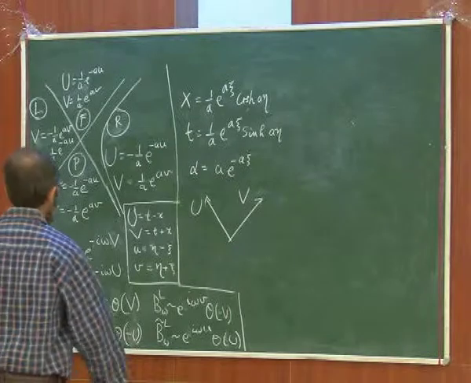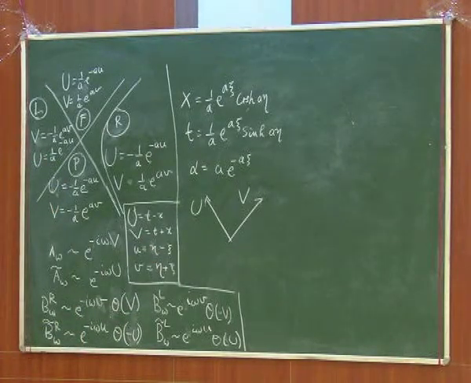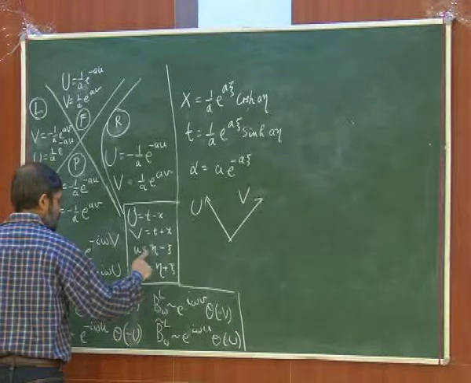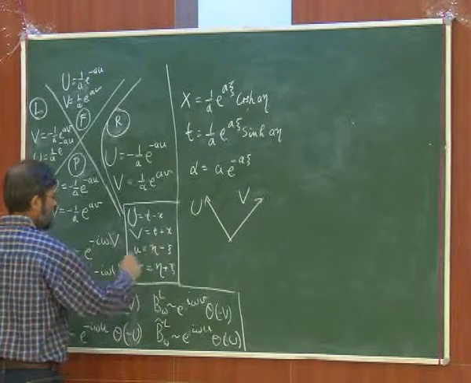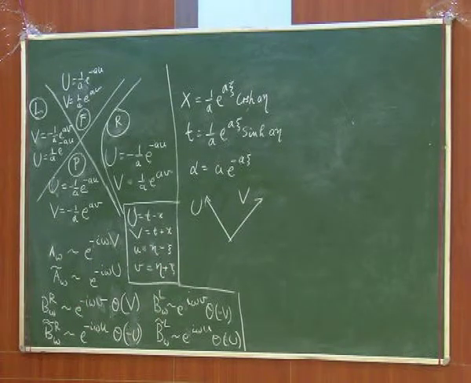Actually, I take that comment back. Small u and small v will be given by eta minus xi and eta plus xi respectively.